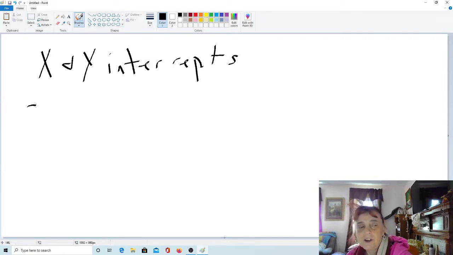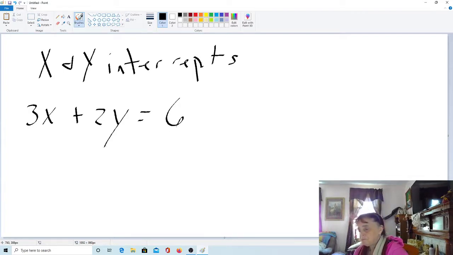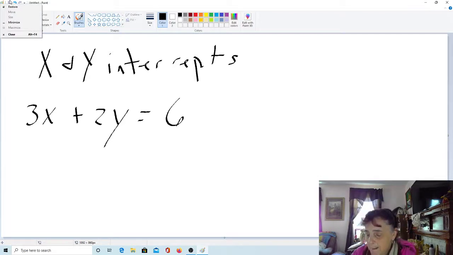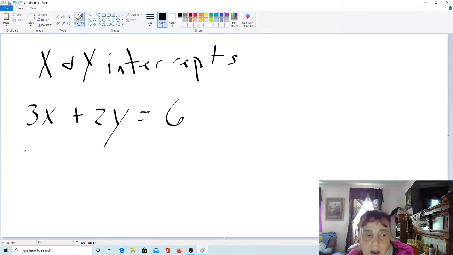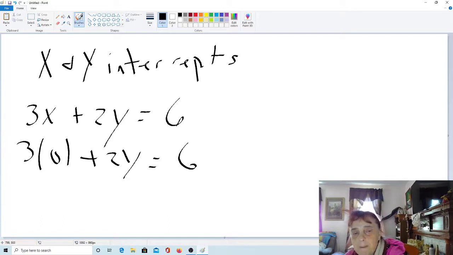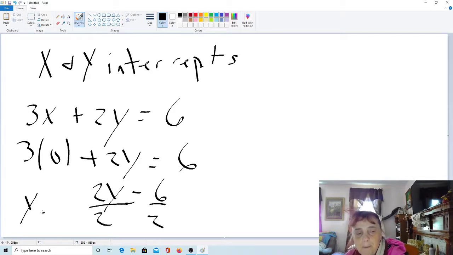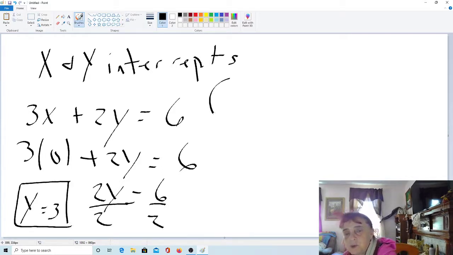Okay, so if you're given an equation 3x plus 2y equals 6, then you let x equal 0 and solve for y. 3 times 0 plus 2y equals 6. 2y equals 6. y is 3. You have a point (0, 3). So (0, 3) is a point on the line.